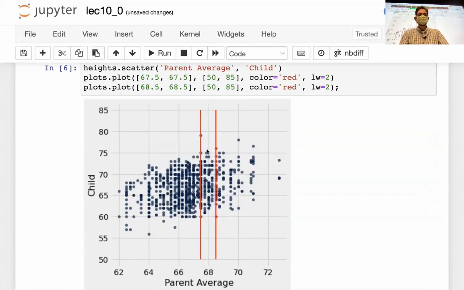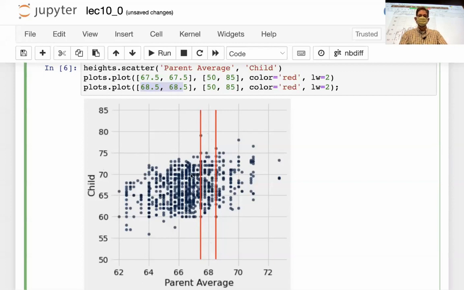Well, there's a bunch of other pairs of parents that have had children before that also have an average height of about 68 inches. Here we've gone kind of down half an inch and up half an inch, from 67.5 to 68.5. And now we're looking at part of the scatter plot, just the part that contains the children of parents who have an average height of about 68 inches.